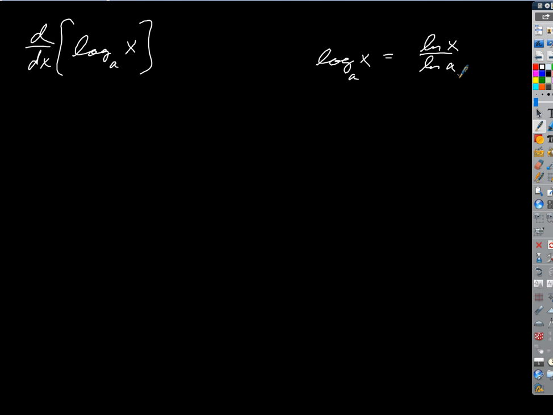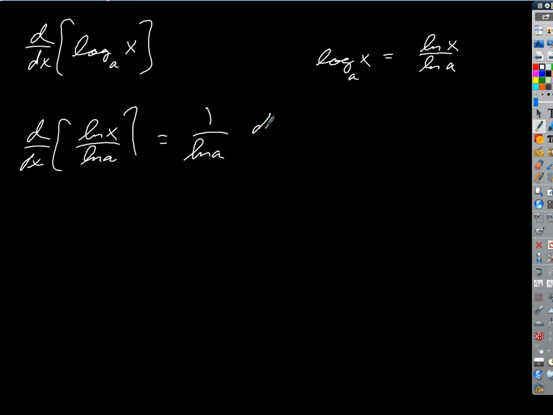So the log of the base always goes on the bottom. The log of the argument, the actual variable, goes on the top, right? So if we do that, this gets pretty simple, doesn't it? Natural log a is just a constant, so I can pull that out in front of the derivative. So this is just equal to 1 over log a times the derivative with respect to x of log x. Well, what's that? 1 over x.